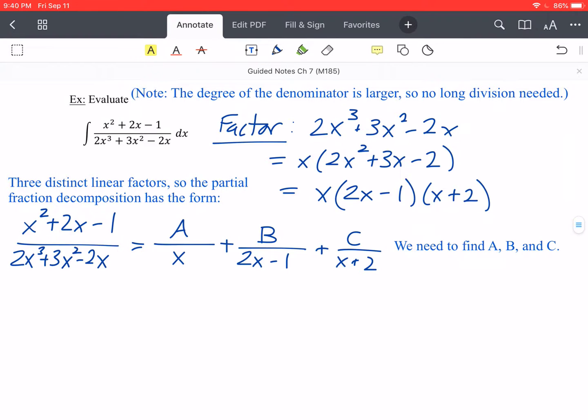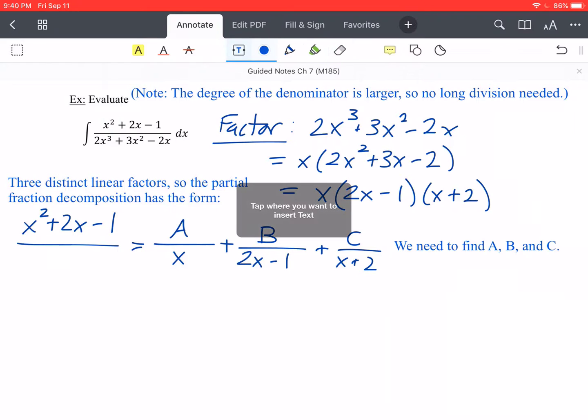So this is where most of the work from the problem is going to come from, because we need to solve for A, B, and C. So we're going to basically end up setting up a system of equations here. So let me go ahead and just rewrite this denominator down here in terms of the factors. That'll make this a little easier to see. So there's the 2x minus 1, there's the x plus 2.